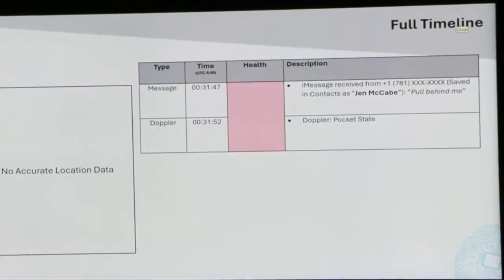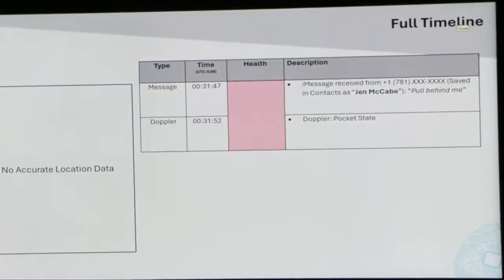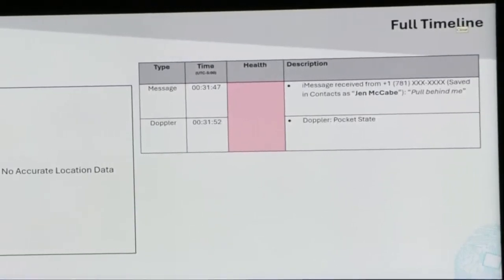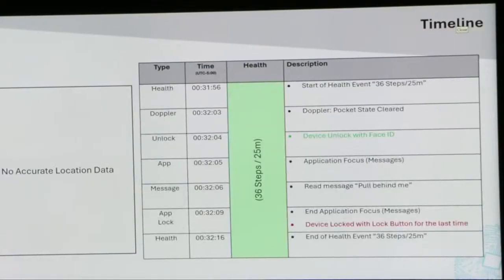And is it correct that the message received from a contact of Jen McCabe says, "Pull behind me"? Correct. And then at 12:31:52, we're back to Doppler pocket state, correct? Correct. Now let's go to the next entry, which is Deck 82.